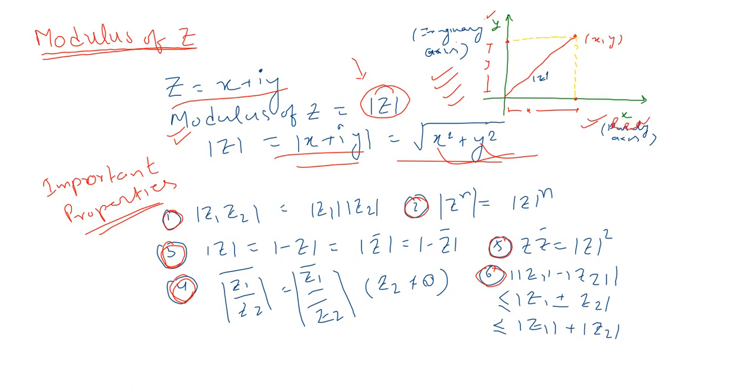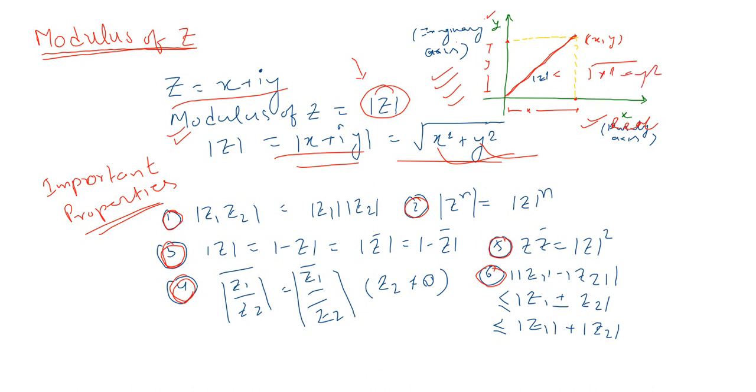Then mod z will represent the distance of the point xy from the origin. Using Pythagoras theorem, the distance will be equal to under root x square plus y square.